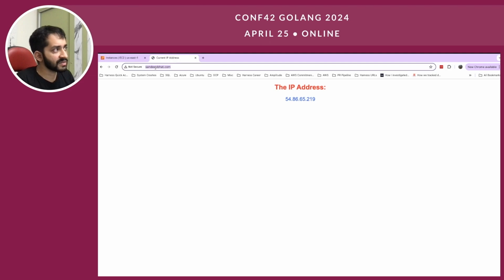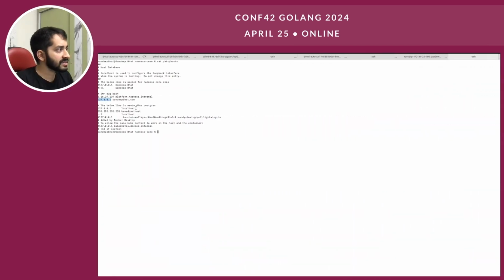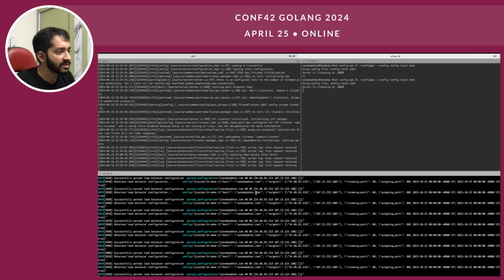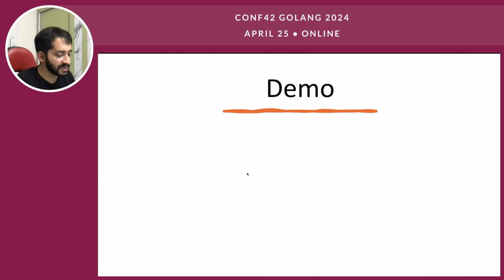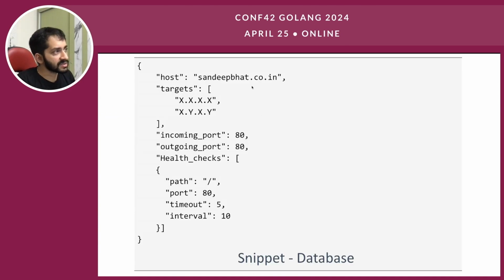So what would happen is when we hit sandeepbhat.com in Chrome, as per our etc hosts file, it's pointing to the same system, 127.0.0.1 in this case, on port 80, which is how our load balancer is configured. As you can see in a previous slide, the domain here is different, but we have configured it pretty similarly to this one, wherein any traffic coming on port 80 is routed to port 80 on the target VMs.